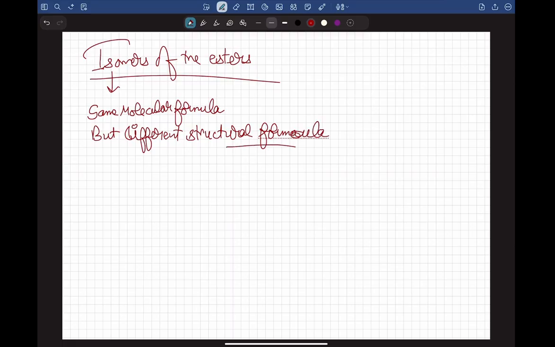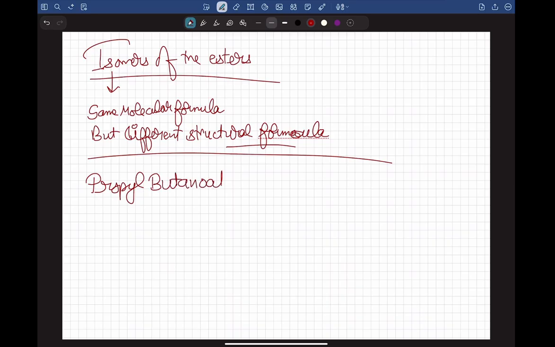So how exactly does this work for esters? Sometimes what happens is, let's say in the exam there is this question where they say that we have propyl butanoate. Give me 2 isomers of this.